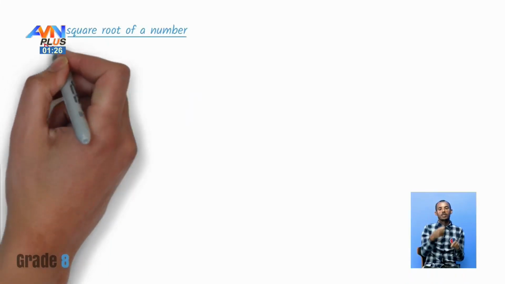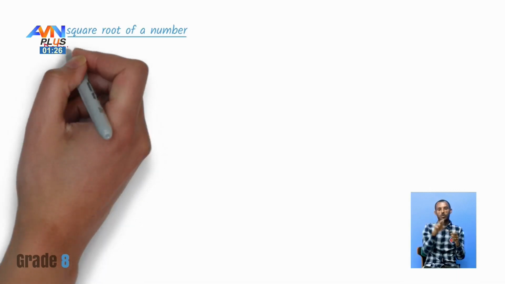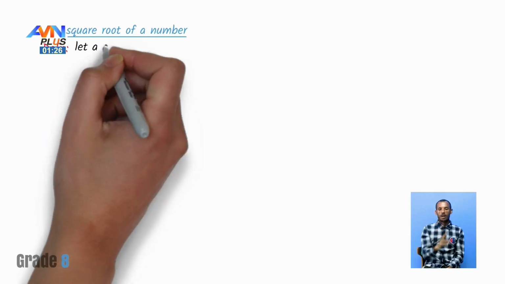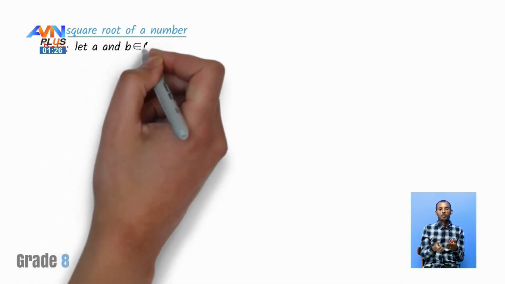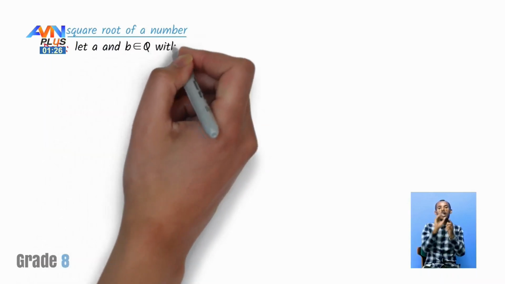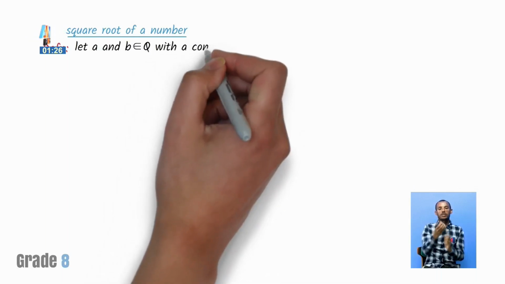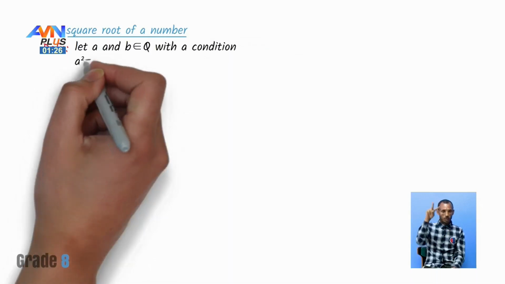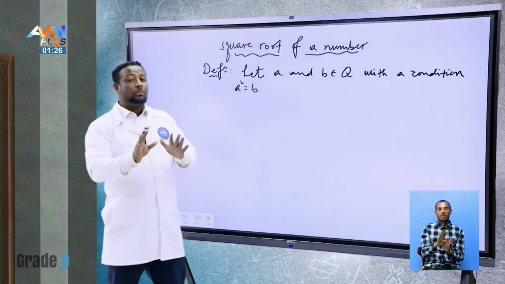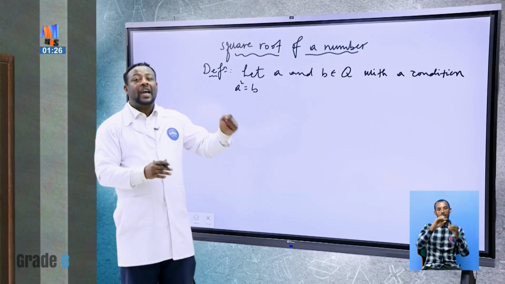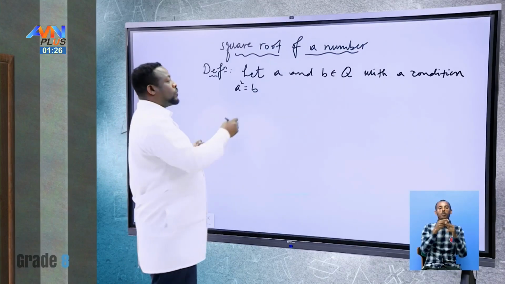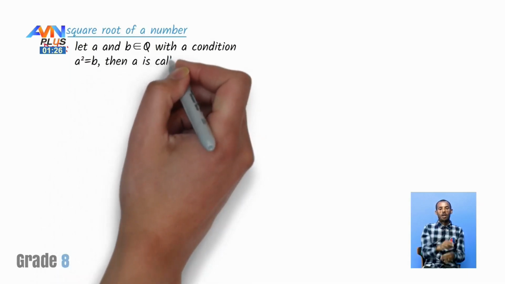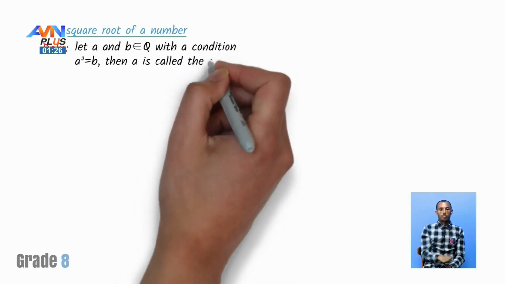Let A and B be elements of rational numbers with the condition A square is equal to B. If we have two rational numbers A and B with this condition, then A is called the square root of B.